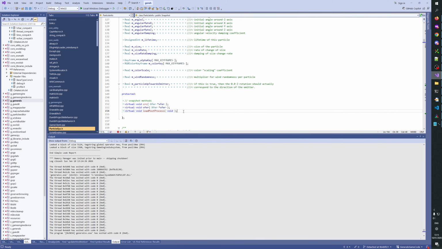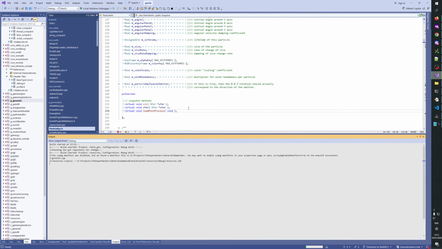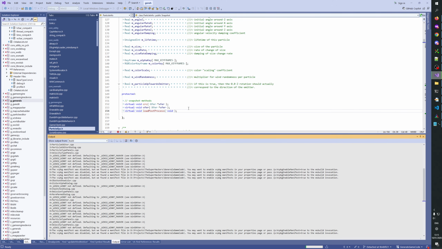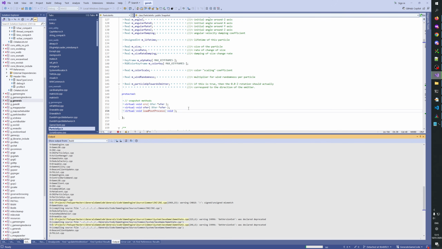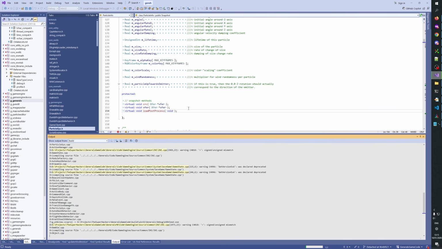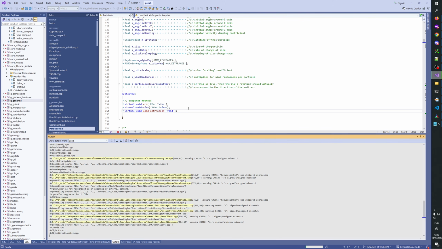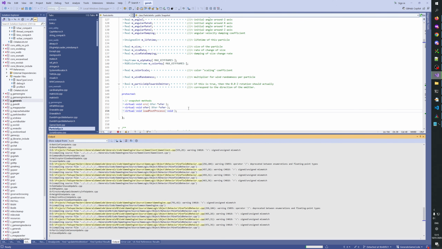Then, yeah, let's test that this compiles. And then after we are done with that, then we also need to move the things to core, including particle editor, I would say, yeah.